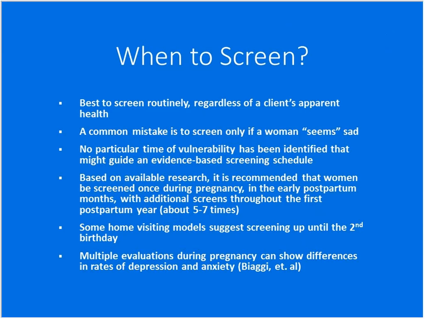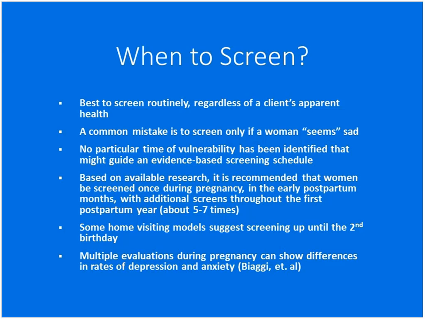That being said, it is recommended that women be screened at least a minimum of once during the pregnancy, in the early postpartum months, with additional screens throughout that first postpartum year. I would say typically what I see is screening about 5 to 7 times during the course, depending on how long you keep a client open. Some home visiting models suggest screening up until the second birthday.